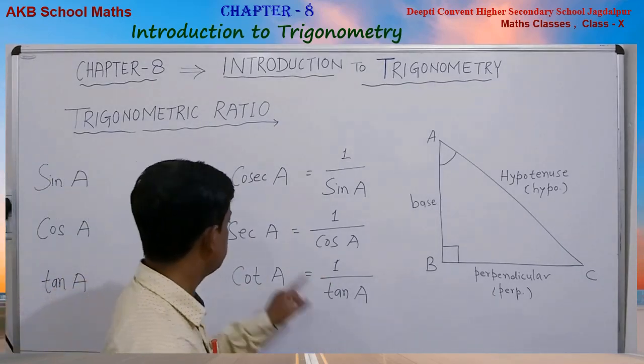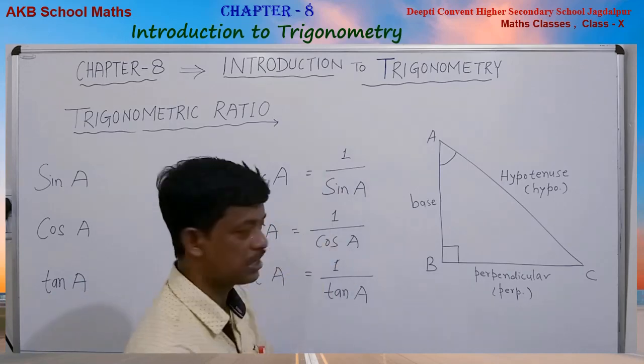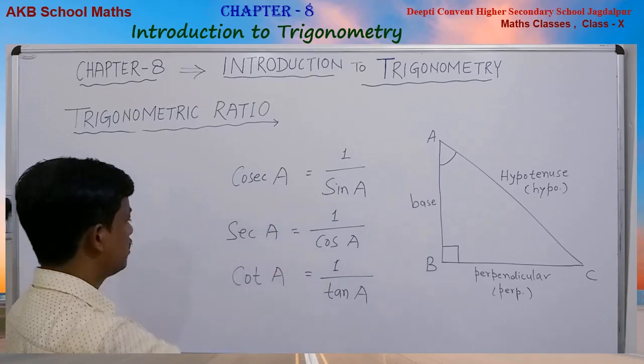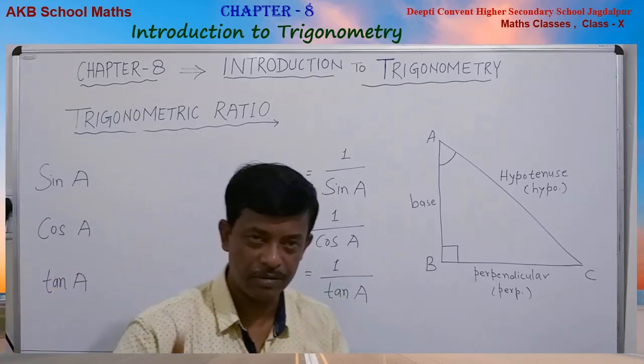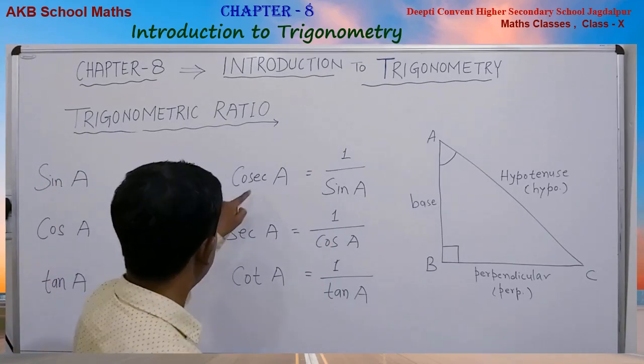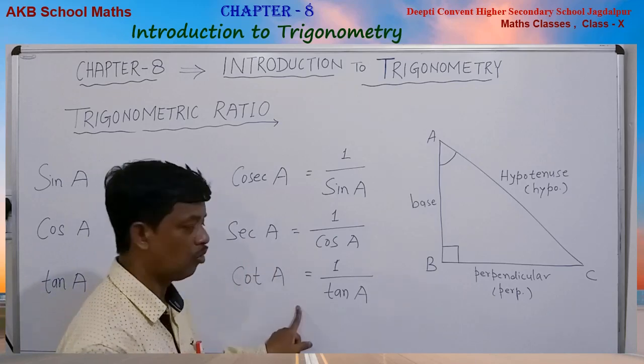Cot means 1 by tan, sec means 1 by cos, cosec means 1 by sine. These are the inverse relations, reciprocal relations. So there are 6 trigonometric ratios: sin A, cos A, tan A, and similarly the inverses of these, cosec A, sec A, cot A.